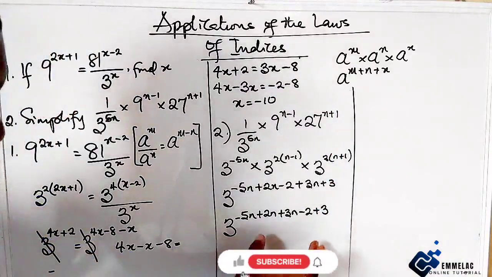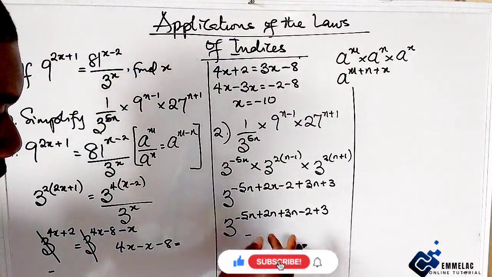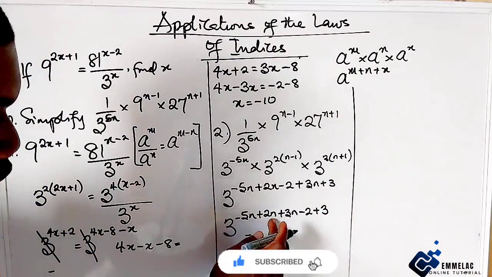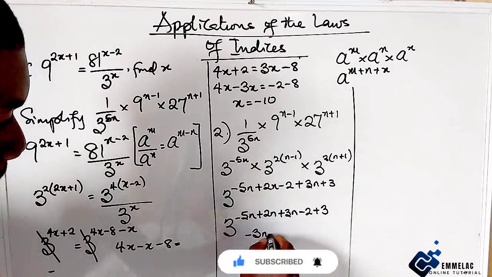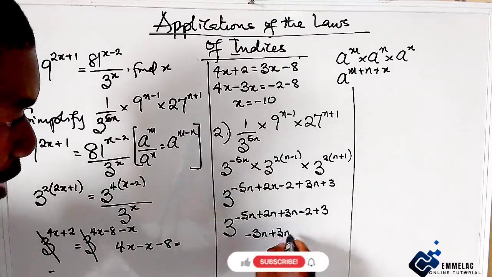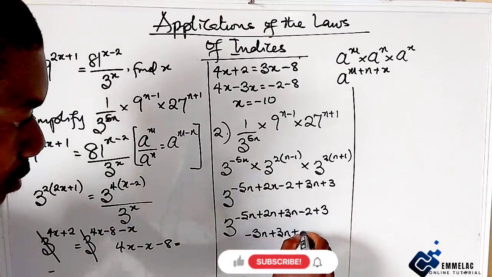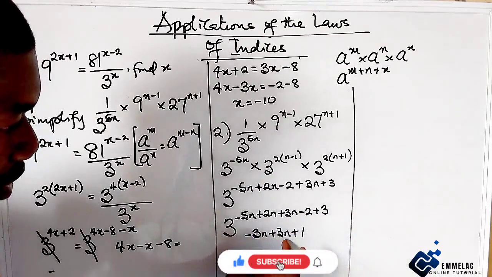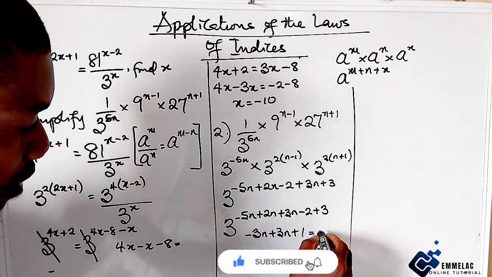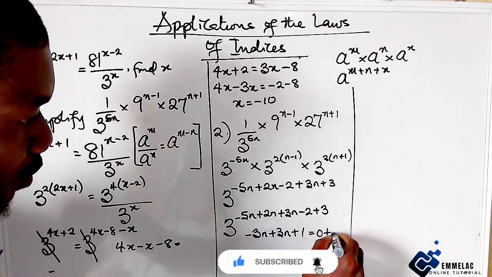Let me solve the power here. Minus 5n plus 2n plus 3n gives us 0, then minus 2 plus 3 gives us plus 1. So here we have 0 plus 1.